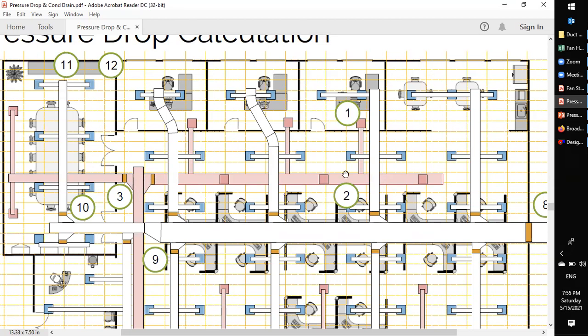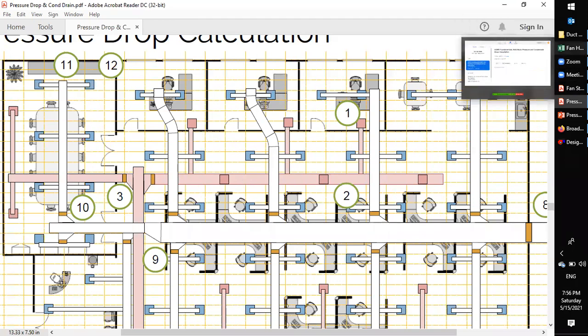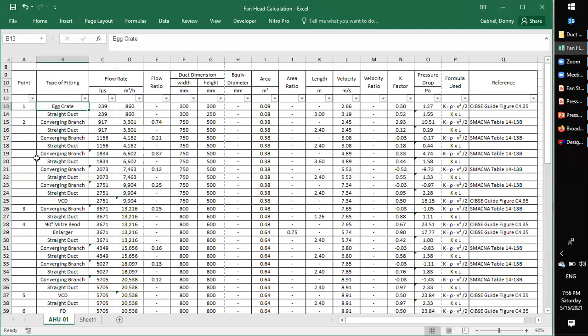So 0.1, 0.2, 0.3, how many items? 1, 2, 3, up to 12. We can see 12 items before it reaches 0.3.